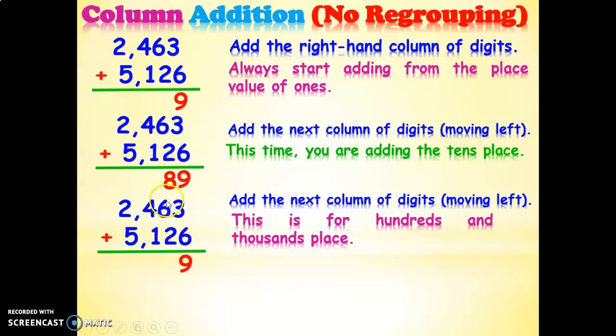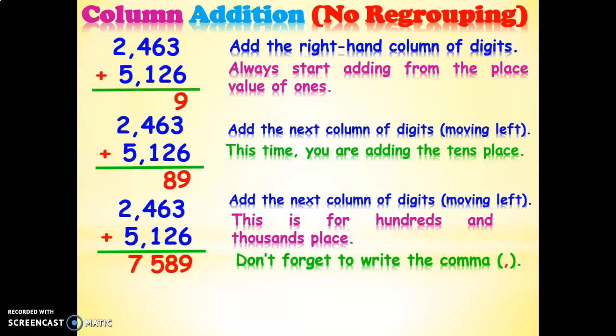And then you go on with the place value of tens. 6 plus 2 equals 8. Now this time we will do hundreds place. So for hundreds place, you have 4 plus 1. The answer is 5. And for thousands place, you have to add 2 and 5. The answer is 7. After this, don't forget to write your comma.